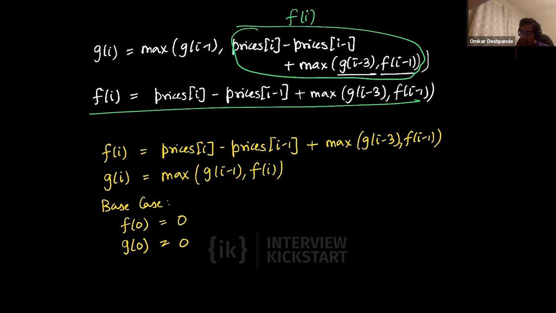So whatever prior lowest price there is, we'll pick that as the buy date and sell it on day I. That's one way to do it. The other way is to just say that I will ignore this term if I is less than 3.